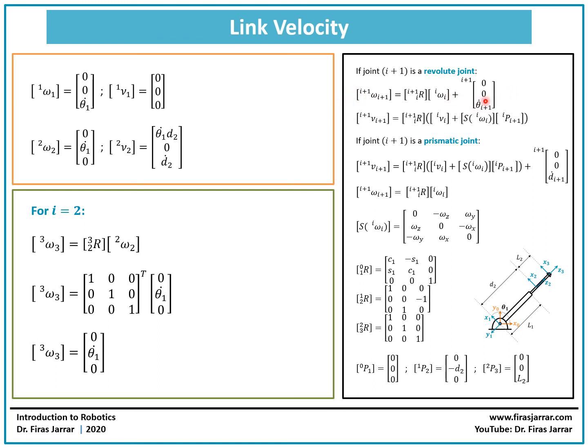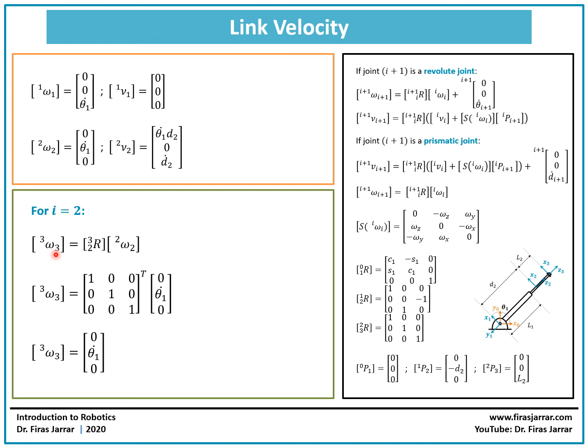However, taking into account that theta dot should be removed, there is no theta dot. And if we are going to use the prismatic joint equations, we can do that as long as we also neglect this part, d dot. So in both cases, we'll get the same two equations.